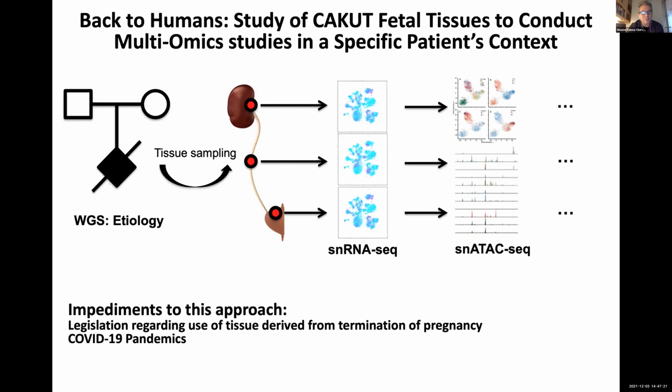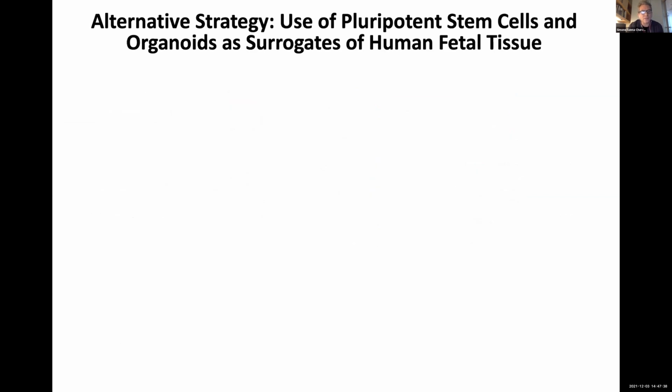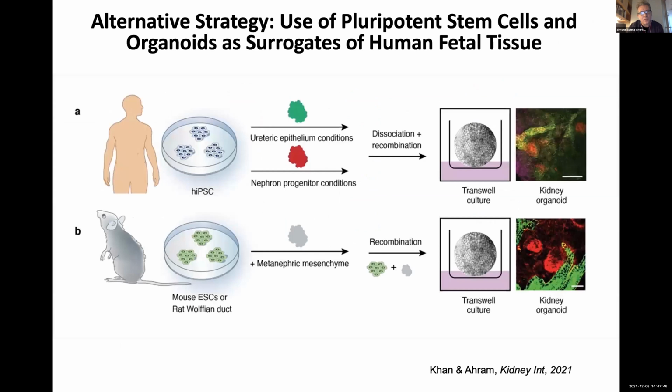Of course, there are some impediments to this approach. First of all, legislation hit while we were doing these studies, restricting the use of human fetal tissue, and then the COVID-19 pandemic. So we have developed alternative strategies. We started using pluripotent stem cells and organoids as surrogates of human fetal tissue, and that's what we are doing now until we resume the collection of human fetal tissue.